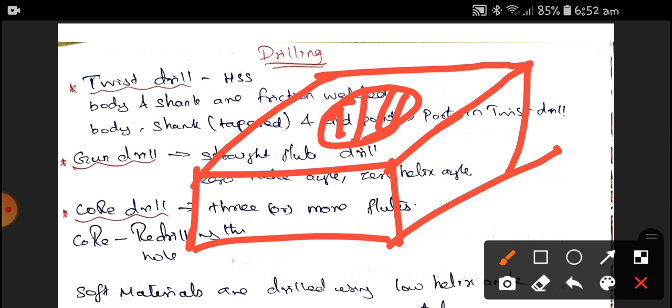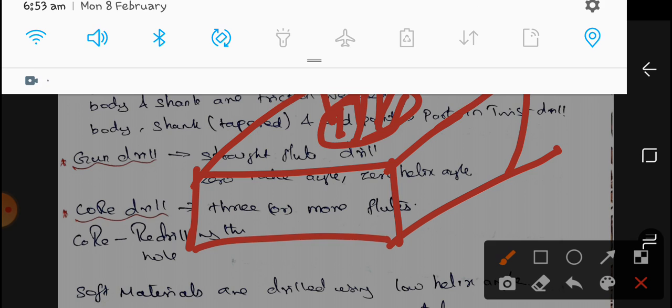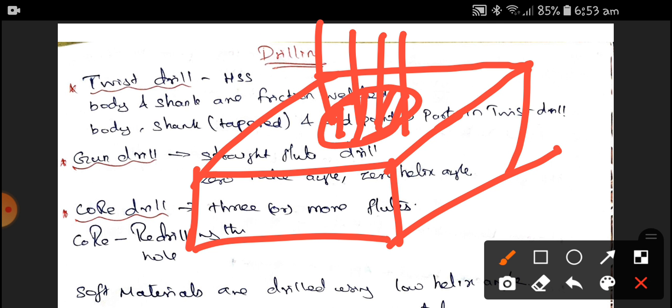It is huge, so it is not at all possible to make a large hole by means of a drilling machine in one go. That is why we first put a 10 drill, after that a 25 or 30 drill, after that the 50 drill. Like that, different diameters of drills are used.